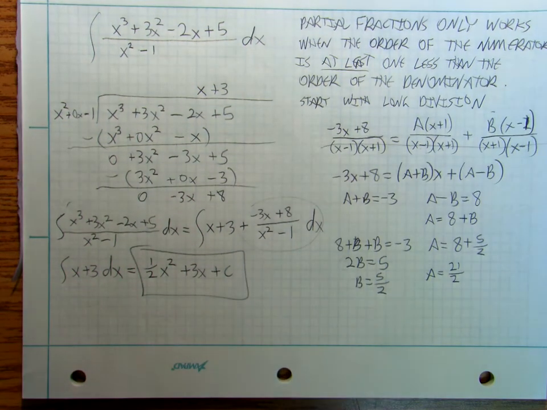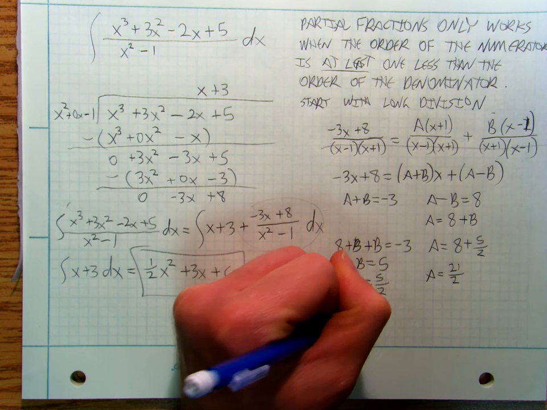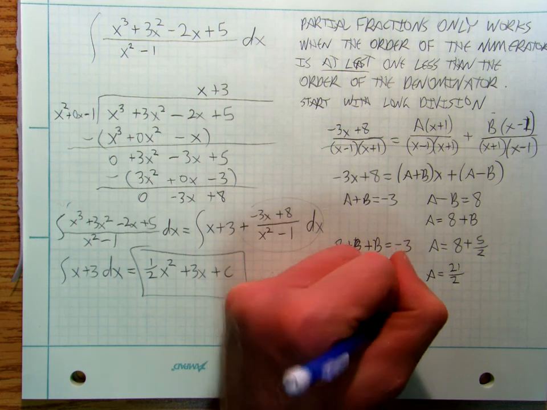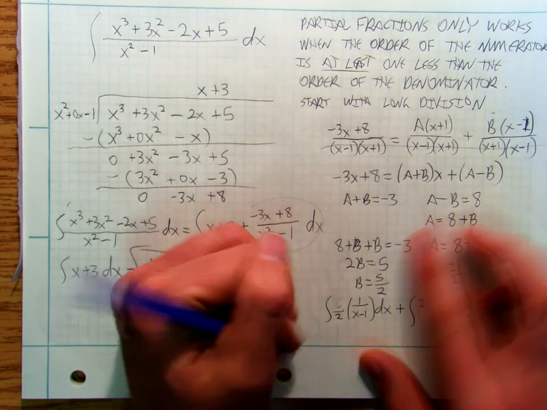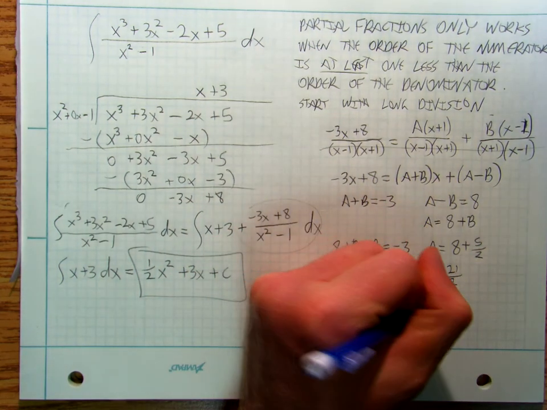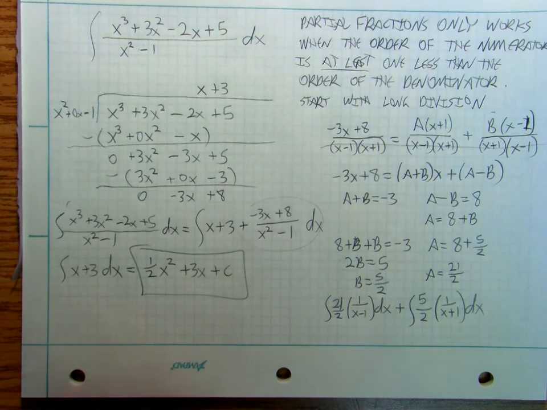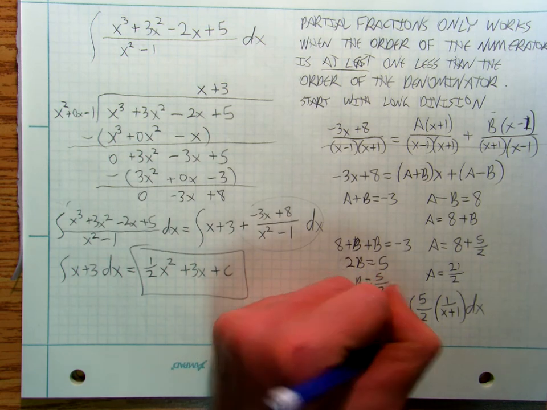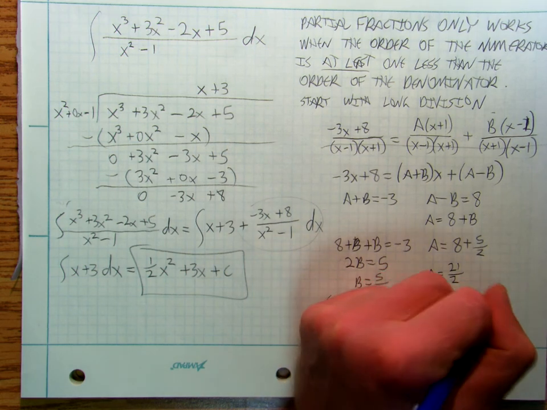And where does that get me? Well, now I've got the integral of 21 halves times 1 over (x minus 1) dx plus the integral of 5 halves times 1 over (x plus 1) dx. 21 halves is my A, and 5 halves is my B. Well, that's going to be 21 over 2 ln of (x minus 1), and that's going to be 5 halves ln of (x plus 1).